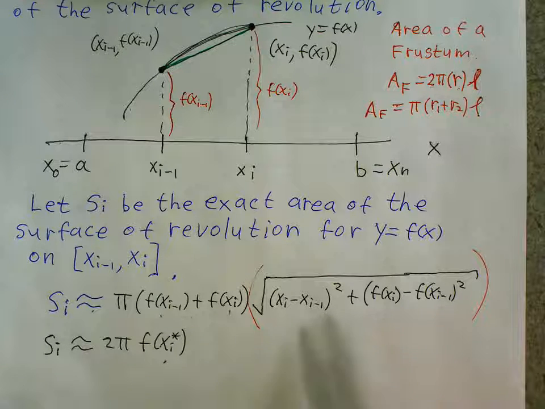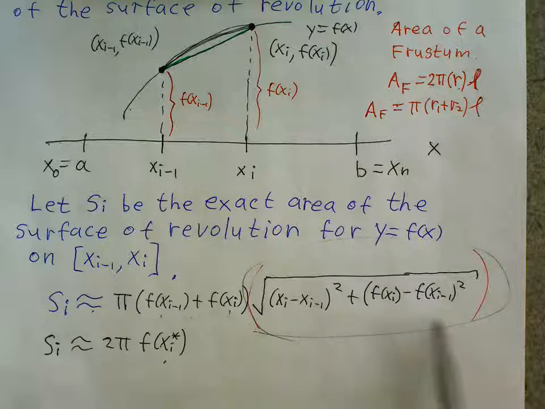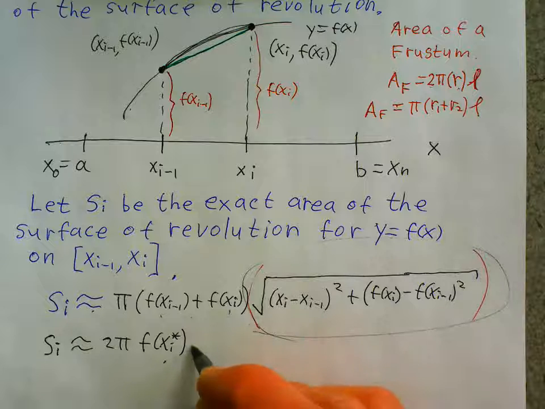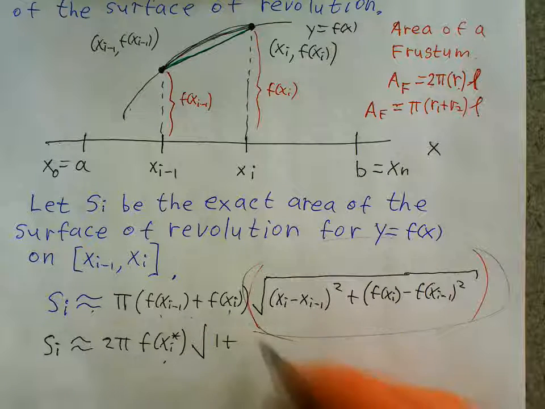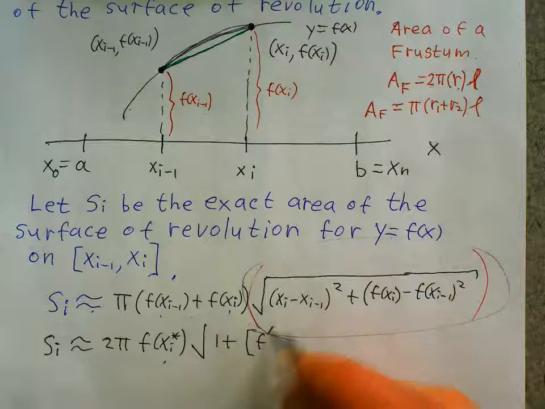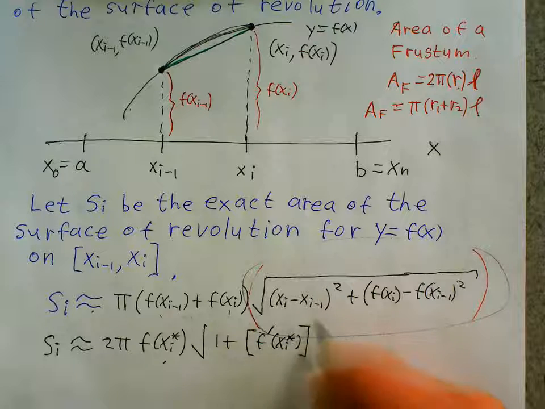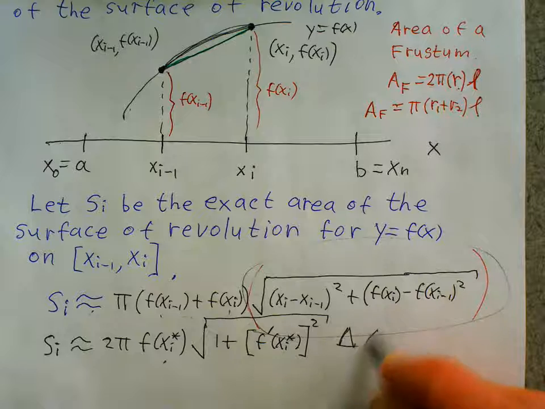And then, instead of going through the whole process again, we'll just replace the square root of this quantity as the square root of 1 plus f prime of x sub i star squared times delta x.